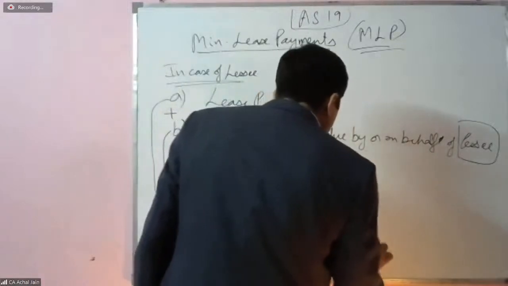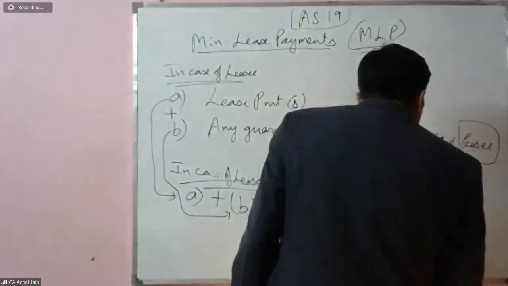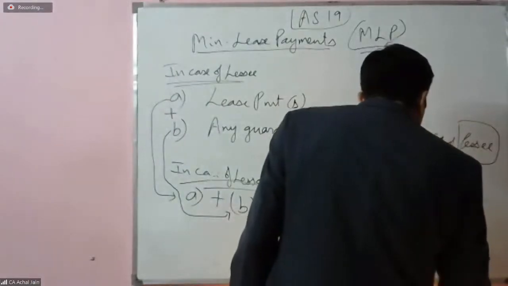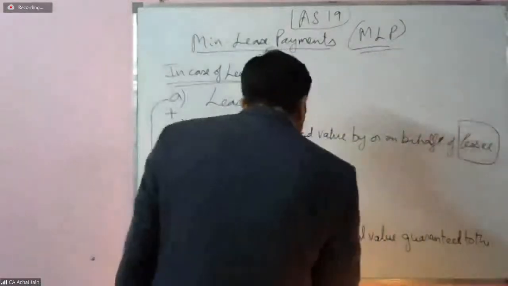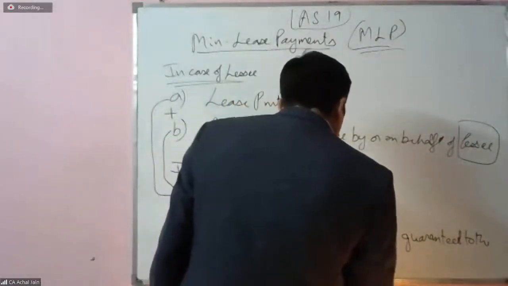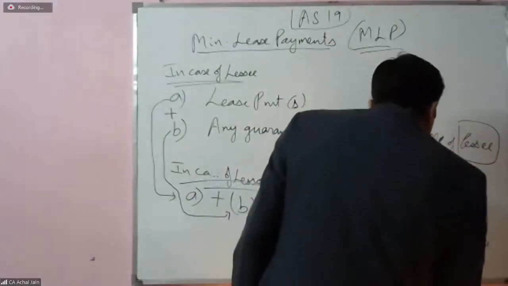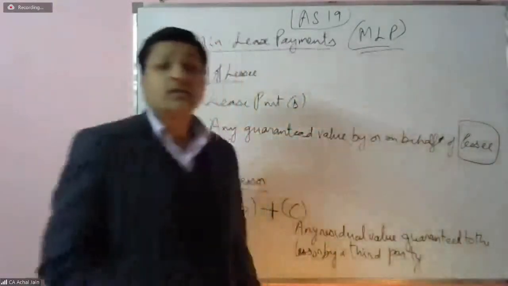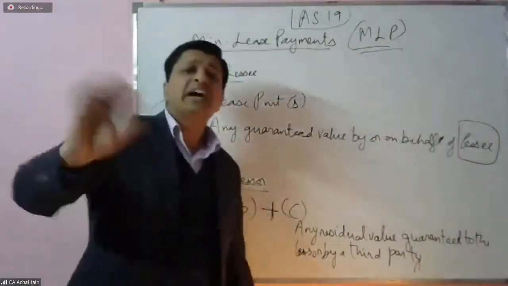Any residual value guaranteed to the lessor by a third party. Third party means other than lessee, and this has not been done on behalf of lessee.